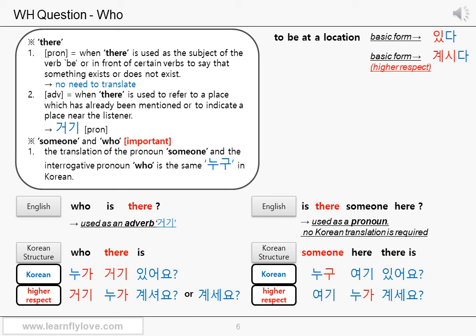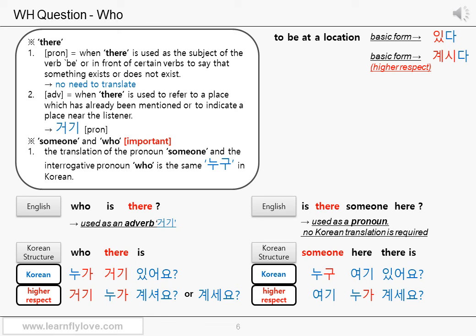In here or in there. You know the difference between here and in here in English, right? There is, 있어요. This there cannot be 거기, and you know why. If you say, is there someone there? You can translate the second there to 거기, but not this one.